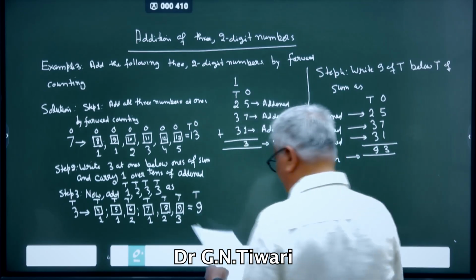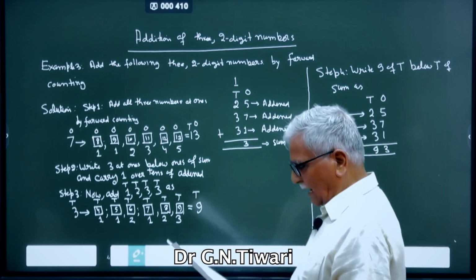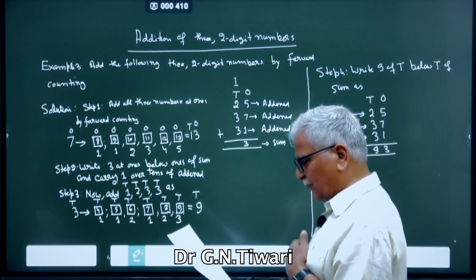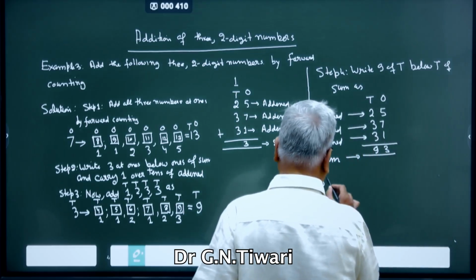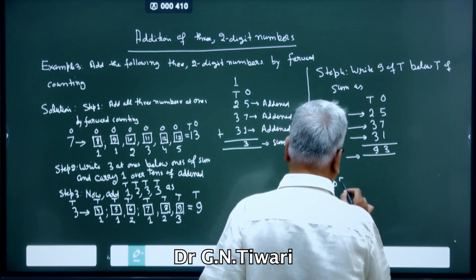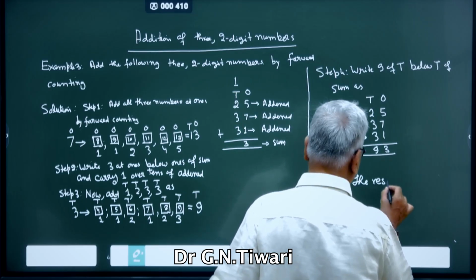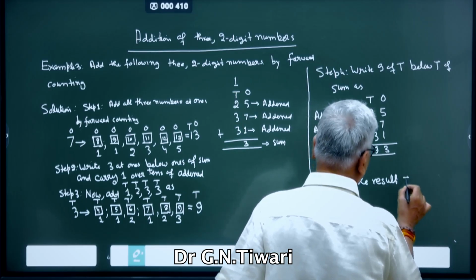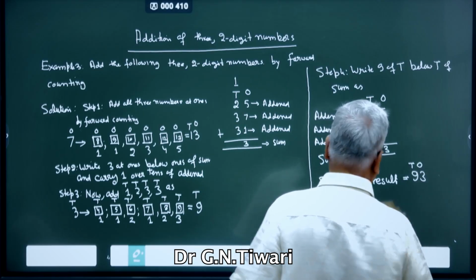So the answer becomes 93. Now in continuation, you can also write step 5. The result is equal to 93.